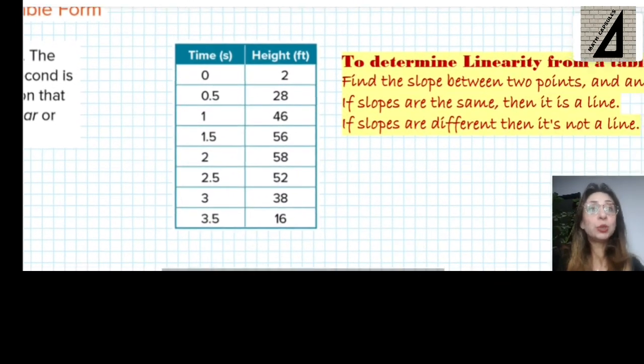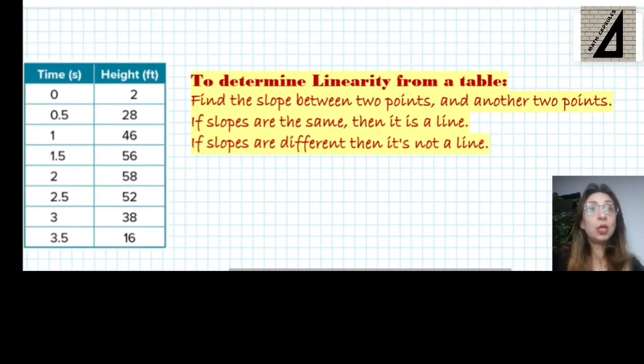To determine linearity from a table, we will find the slope between 2 points, like the first and second point, and another 2 points. If the slopes are the same for both pairs, then it is a line, and if the slopes are different, then it is not a line.